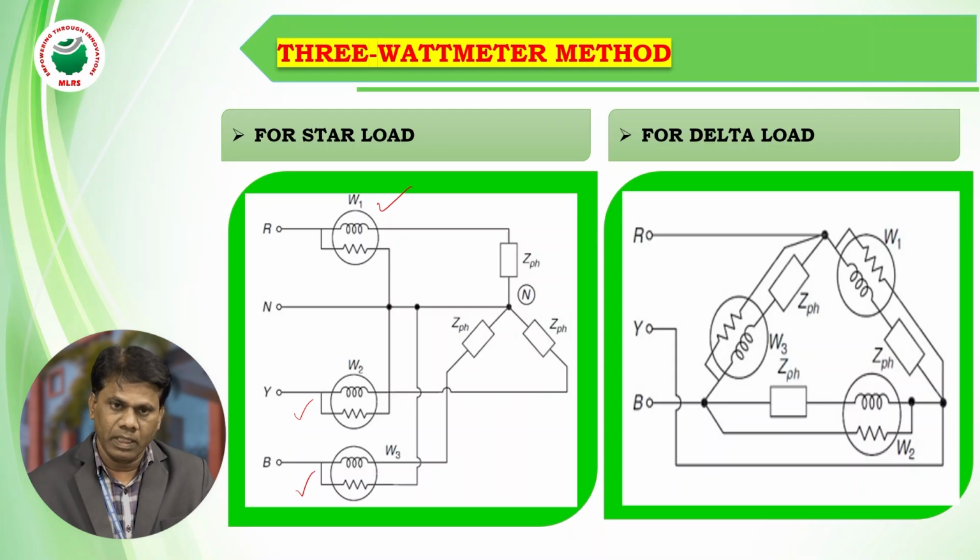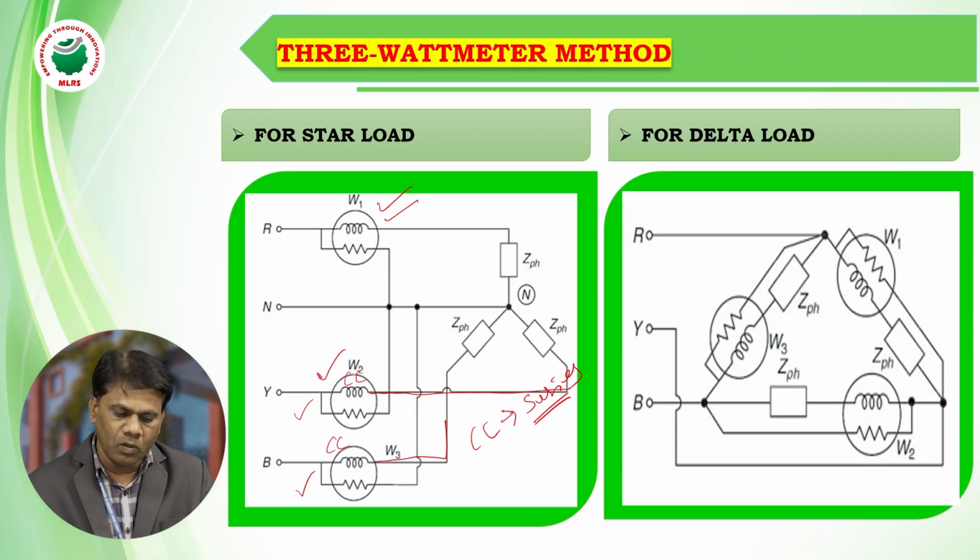How are they connected? The current coil of every wattmeter, W1, W2 and W3, is connected in series with the line.